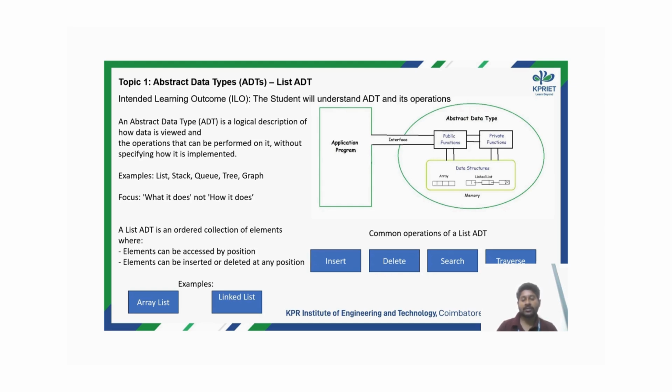If you see the right side diagram, there is the application program, then the interface, then public functions, private functions, arrays, data structures, everything. This is the abstract data type. What data we are providing here, and what operations can be performed on the data, is the abstract data type, not necessarily how it is being implemented.